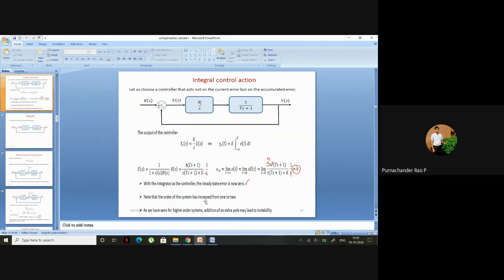But the order of the system is increased, because with the integration 1 by s, your first order system has become a second order system. So you may see some oscillations in the response.